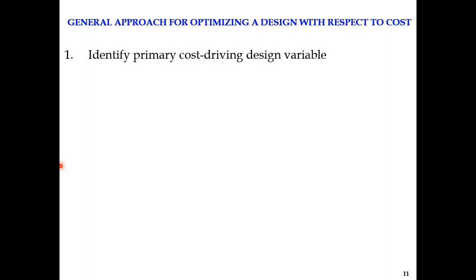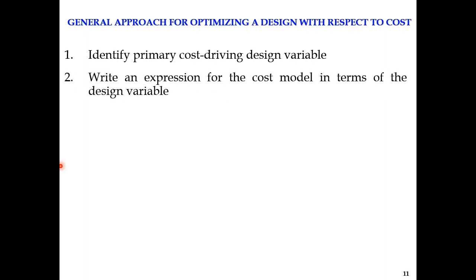So what's our general approach for optimizing a design with respect to cost? First thing is to identify the primary cost driving design variable. In our example, it was the thickness of the insulation material. So we identified that one. The second is to write the cost as a function of this design variable. Okay, we need to come up with a mathematical expression.